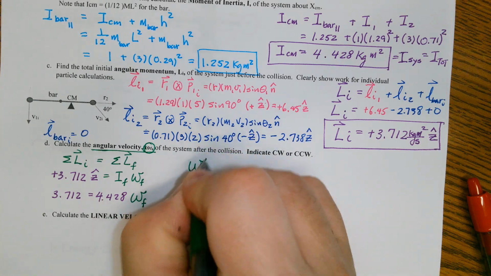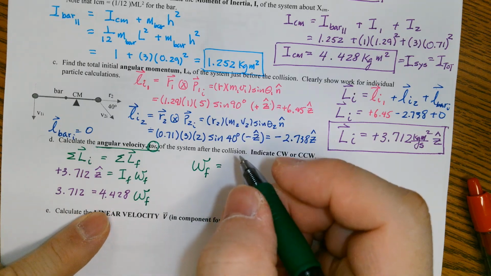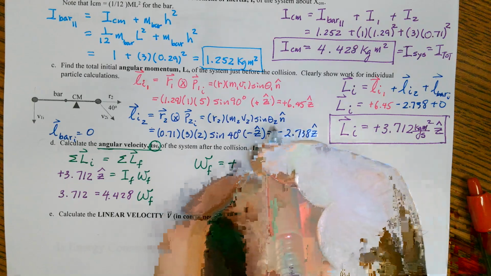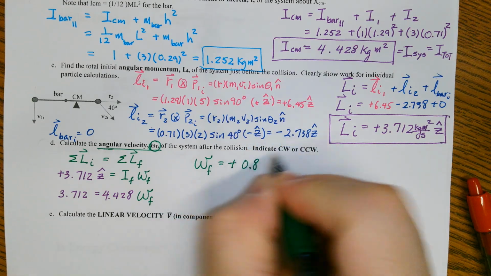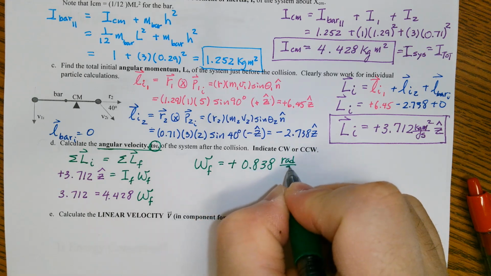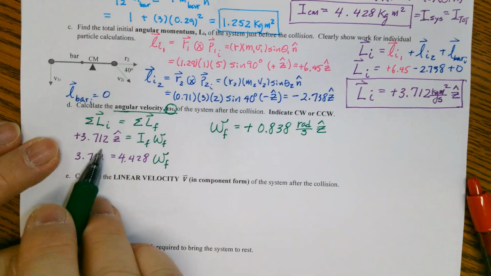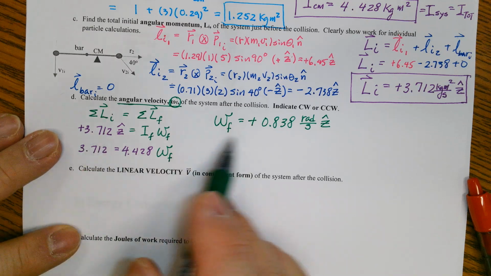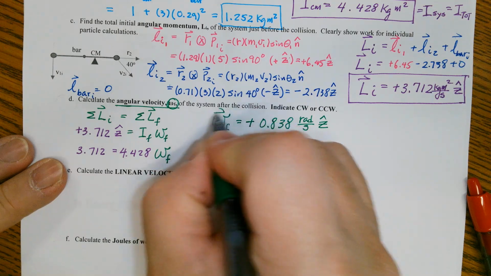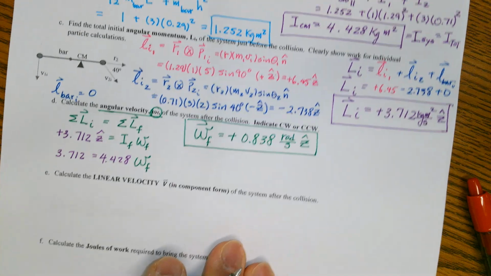It happens to be this divided by that, which should come out to positive 0.838 radians per second z hat. Because this is already positive z hat, it came out positive z hat for my omega final. So that tells me my omega is positive z hat.